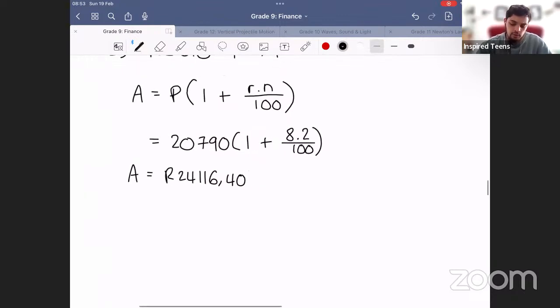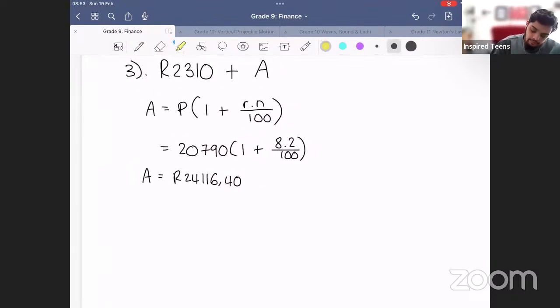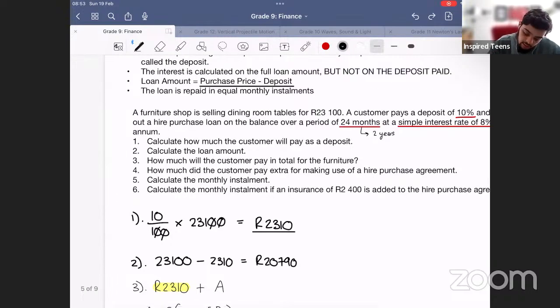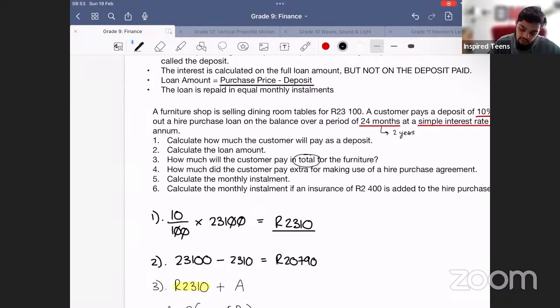Great. So this is the amount that you have paid after interest. You take out a loan, and after those 2 years you add up all your monthly installments, and that's what you end up paying: 24,116 Rand 40 cents.